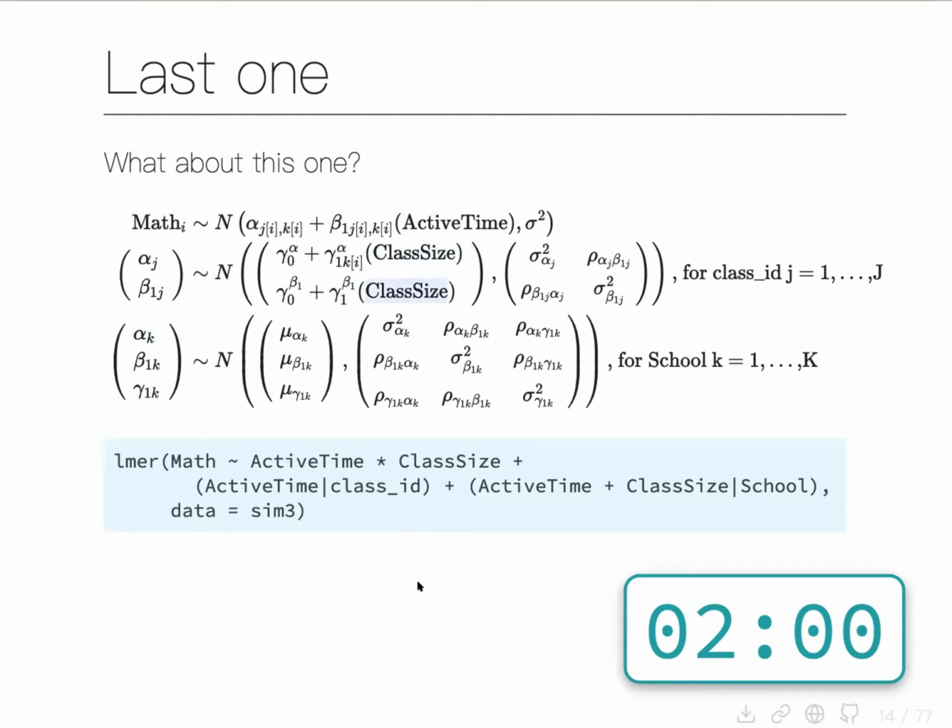Does that make sense? In terms of the random effect structure, we have active time varying across class ID, and at the school level, we have active time and class size varying across schools. Any questions on that?